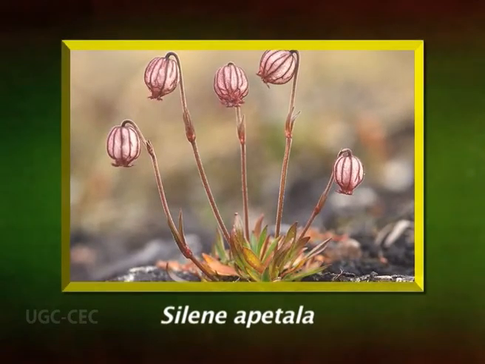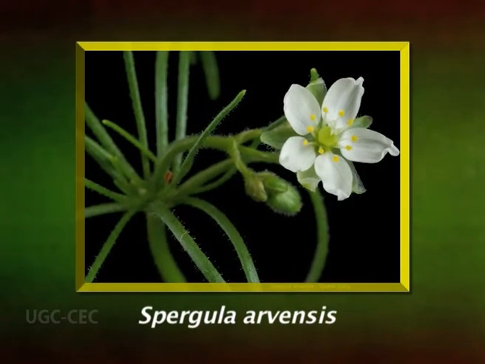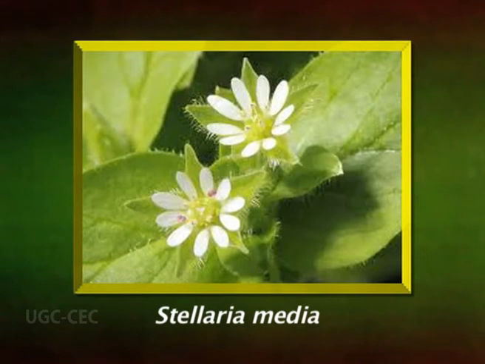Silene apetala is considered as a useful remedy in eye troubles. Spergula arvensis seeds are used in the treatment of lung tuberculosis. Stellaria media leaves are used against inflammations of digestive and respiratory tracts and also for the treatment of malaria.